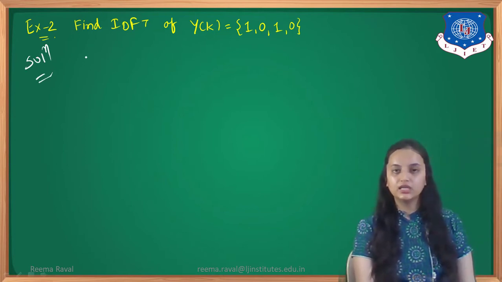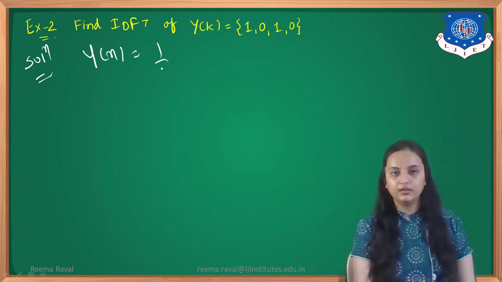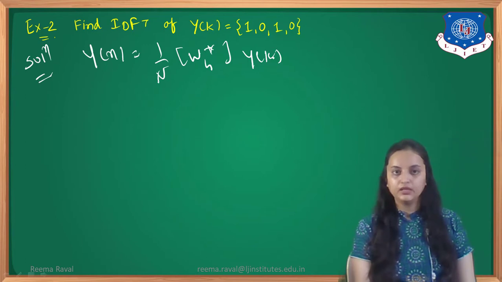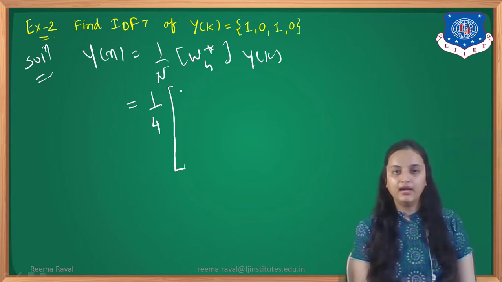So for inverse discrete Fourier transform, we are going to use the formula which is given as y of n equals 1 by N, conjugate matrix for that, into y of k. Here 1 by N, that means N point DFT, which is 4. Then we will use over here the matrix where conjugates are reversed.